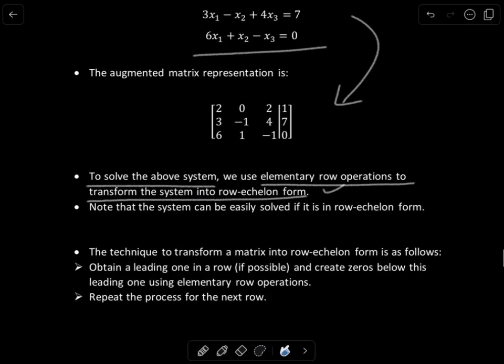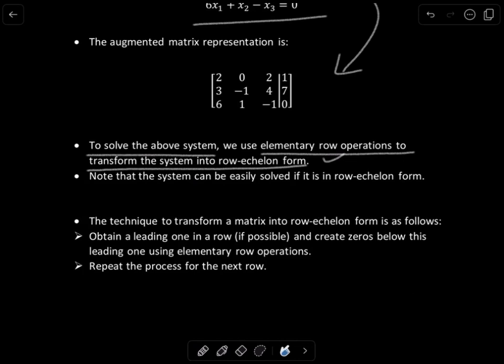So the technique to transform a matrix into row echelon form is as follows. You are going to obtain a leading one in a row if possible, and then you are going to create zeros below this leading one using the elementary row operations. And just recall what the elementary row operations are.